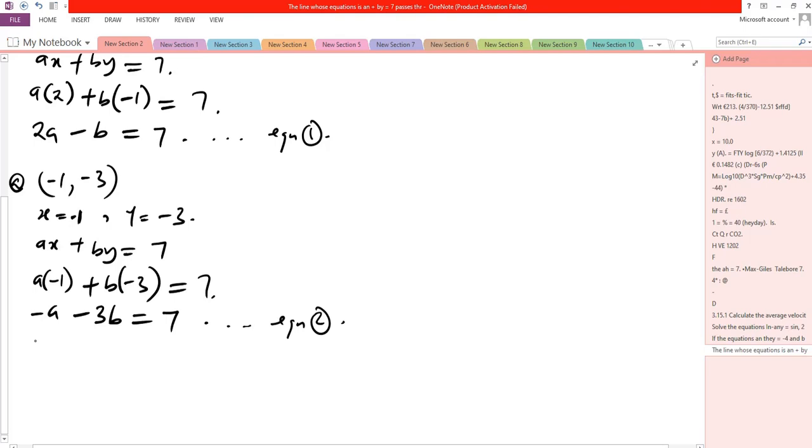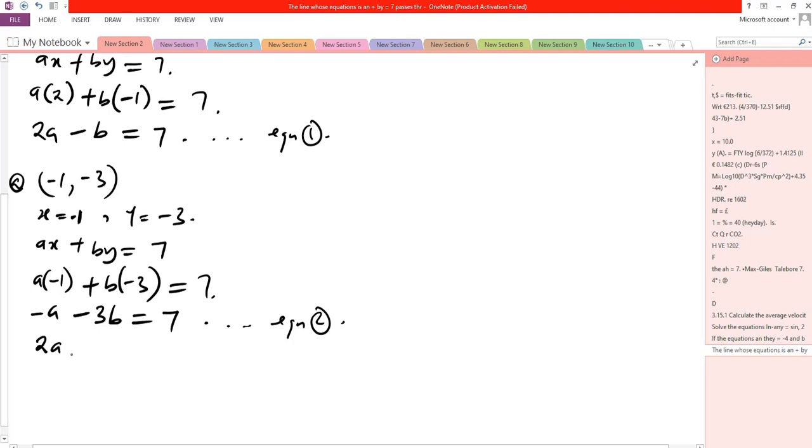In equation 2, the coefficient of a is -1. So we can use the substitution method, because it is possible when the coefficient of one of the variables is 1 or -1.